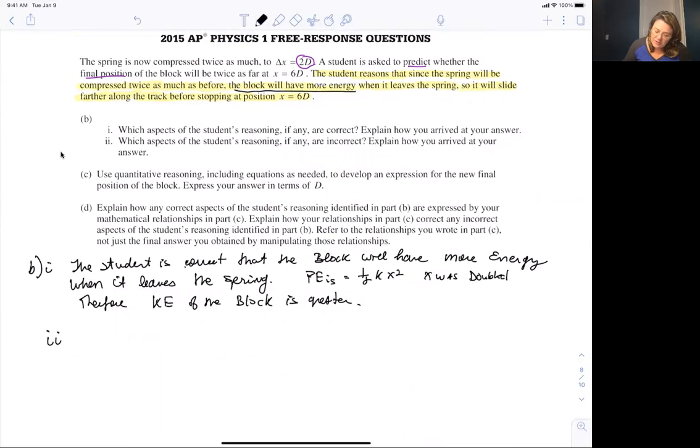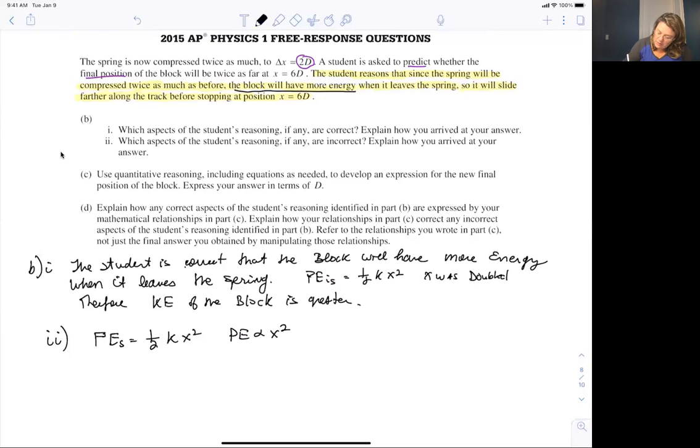Which aspects of the student's reasoning, if any, are incorrect? Well, potential energy due to the spring is equal to 1/2 kx squared. Potential energy is proportional to x squared. So every time you increase the distance by 2, you're going to increase the potential energy by 4.